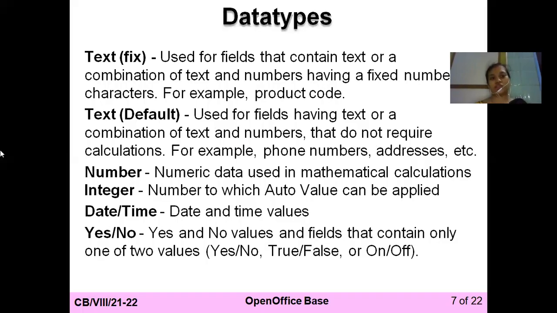First is the text, जो अभी आपने बोला कि our name is always in the text form. There are two types of text in the data types for OpenOffice Base. First is the text fix.